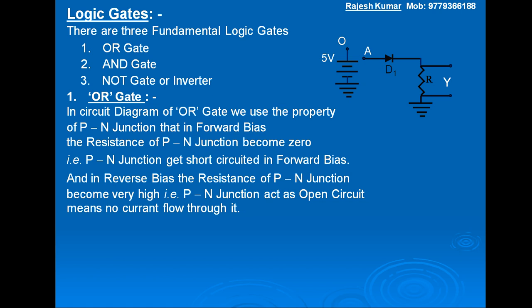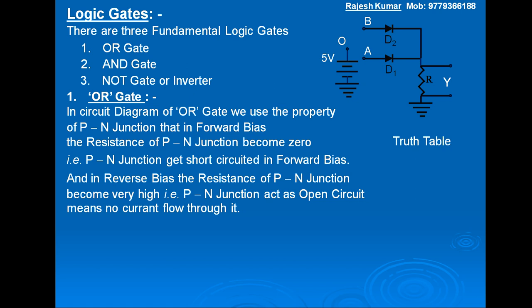This is junction D1 and another input B connected to PN junction D2, the P type semiconductor of which is connected to point B, and the N type semiconductor of D2 is connected to earth through resistance R. So this is the electronic circuit of OR gate for 2 inputs.